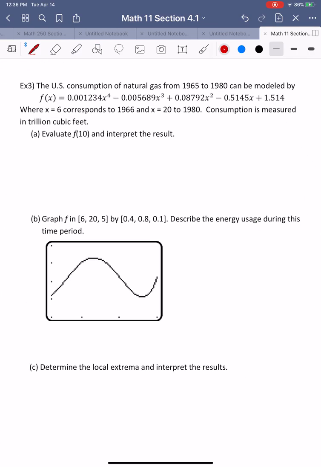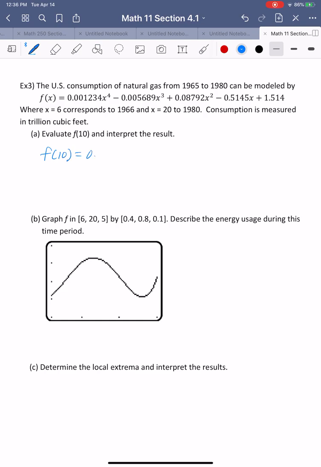In the next problem, the U.S. consumption of natural gas from 1965 to 1980 can be modeled by f of x equal to, yeah, those leading coefficients with decimals, okay? Where x equal to 6 corresponds to 1966 and x equal to 20 to 1980. Consumption is measured in trillion cubic feet. So I want to figure out f of 10, which is, you plug in 10 for x, okay?